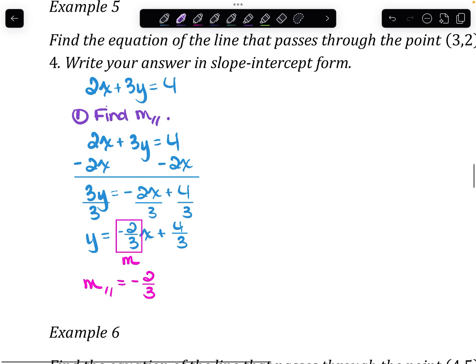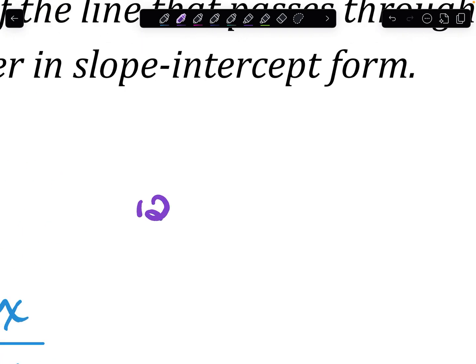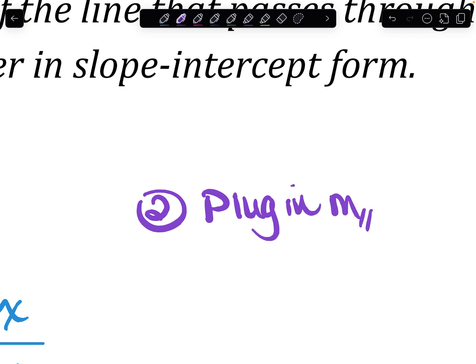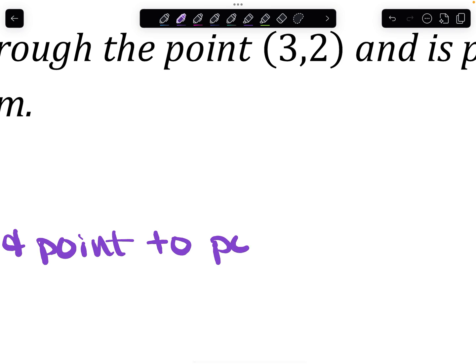Step 2, now that we have our parallel slope, we're going to take the slope we need, which is that parallel slope, and the point we were given, (3, 2), and plug them into point-slope form.